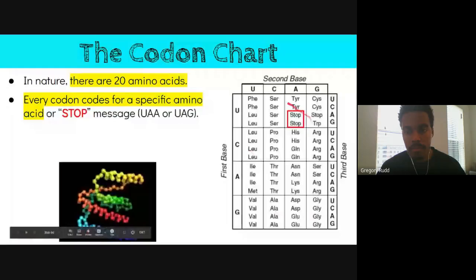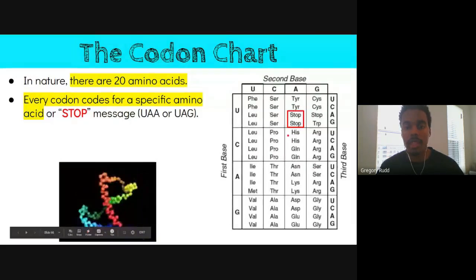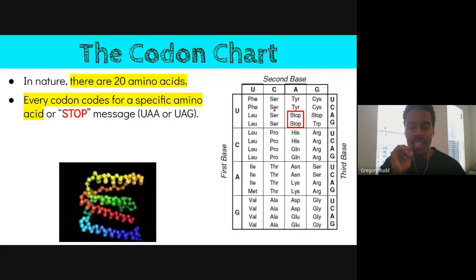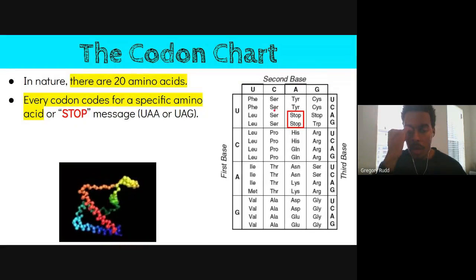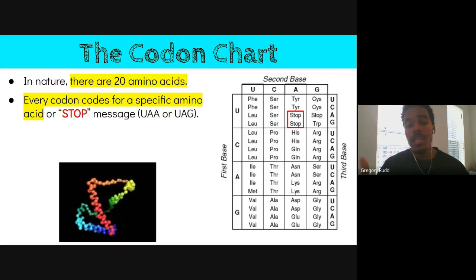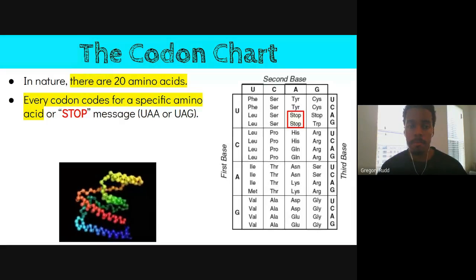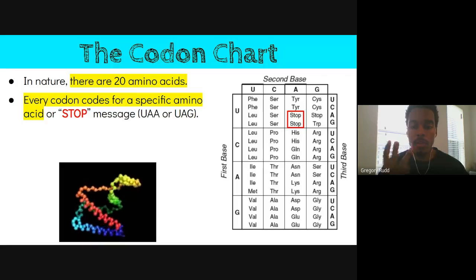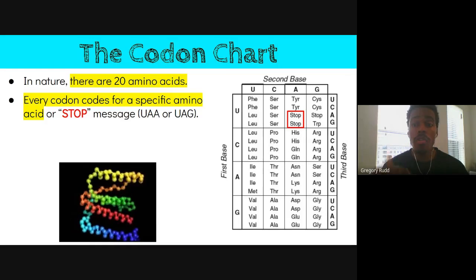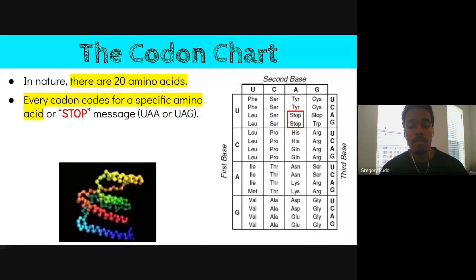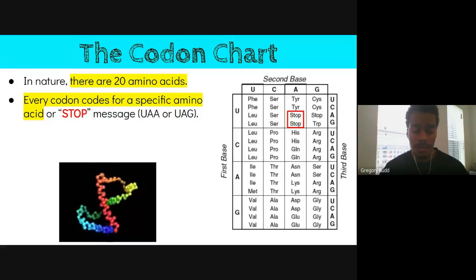So this is a codon chart. What you're seeing on the right is a codon chart, and the codon chart has all 20 of the amino acids in it. Please make sure you write down the words that are highlighted. So in nature, we have 20 amino acids, and each of those codons that we've talked about, the groups of 3 letters, codes for a specific amino acid.